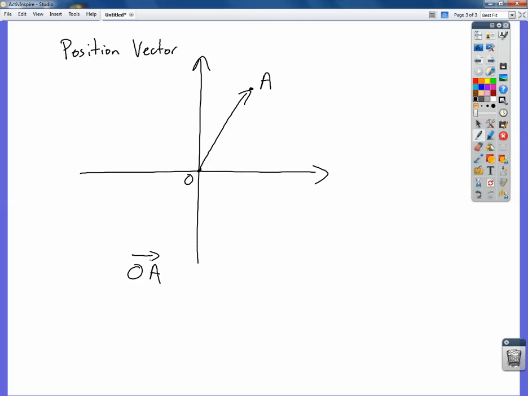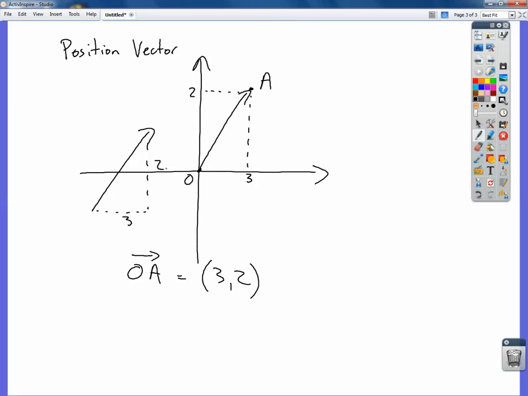Now sometimes, let's say that point was 3, 2, we would say that as an ordered pair, 3, 2. We've gone across 3 and up 2. Haven't drawn that very accurately, but you sort of get the point. Now the difference between a position vector and just a displacement vector, here's that same vector going across 3 and up 2.